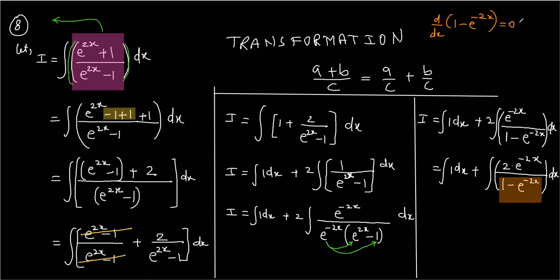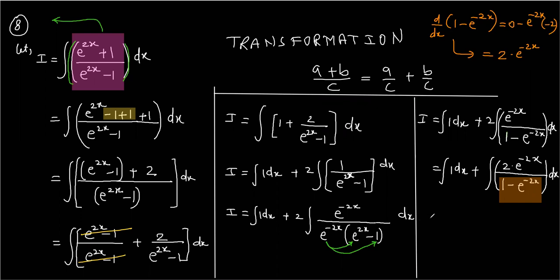Then you have this negative sign, put it. What is d by dx of e raised to minus 2x? It is e raised to minus 2x into the derivative of minus 2x, which is minus 2. So negative, negative, positive: you get 2 times e raised to minus 2x. So the derivative of 1 minus e raised to minus 2x is 2 times e raised to minus 2x. You could say that the derivative of the denominator is present in the numerator.